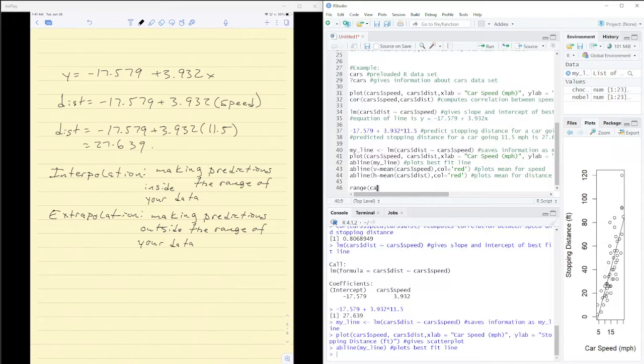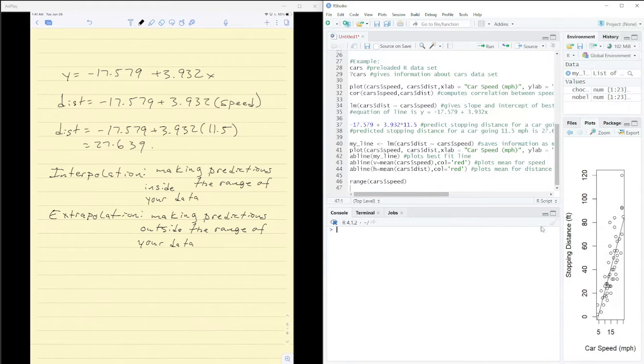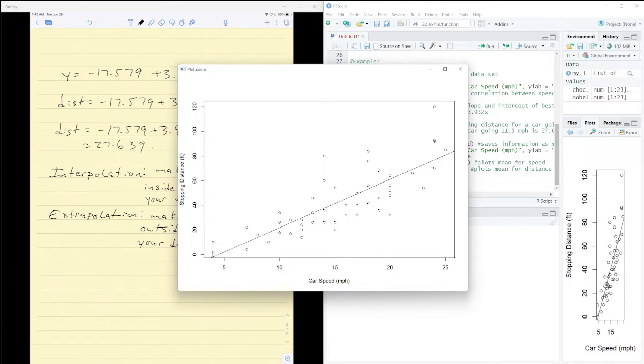Range. 4 to 25. So anything less than 4, the line does not predict very well. Anything above 25, the line does not predict very well.